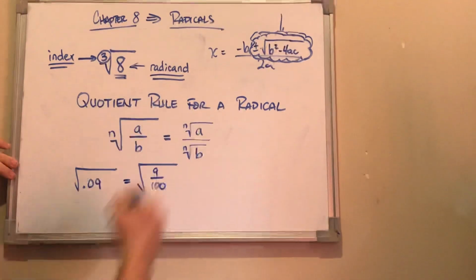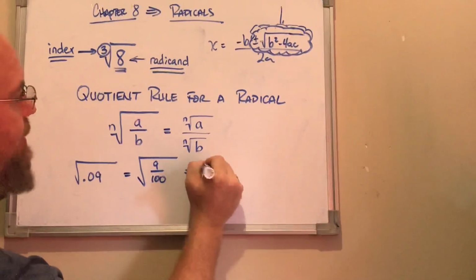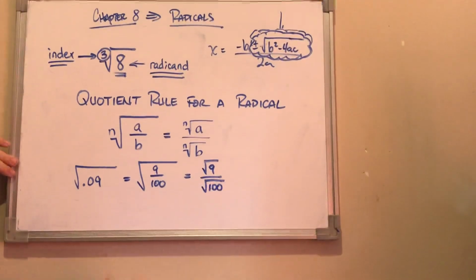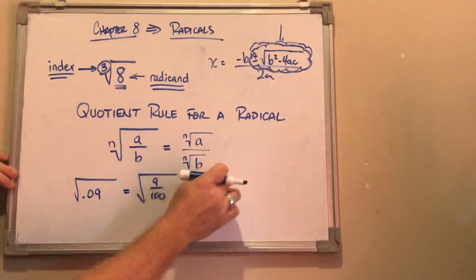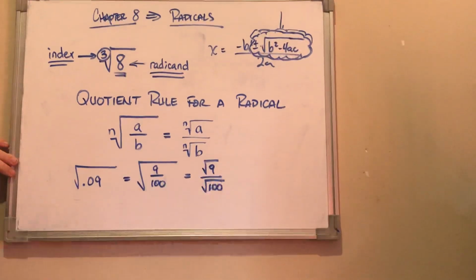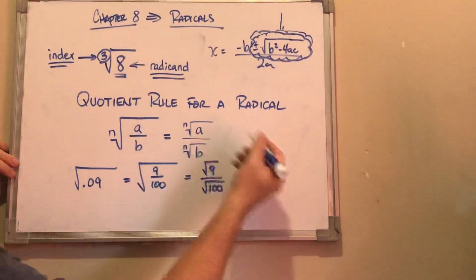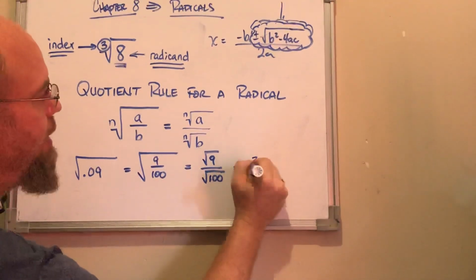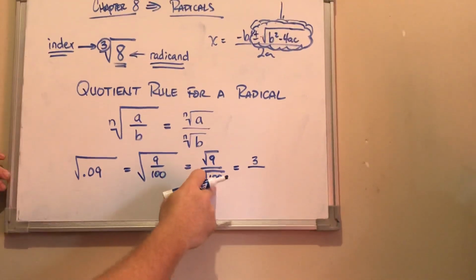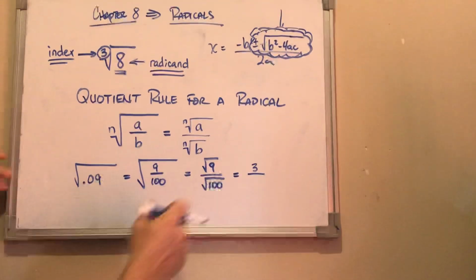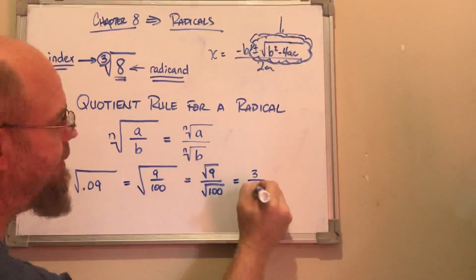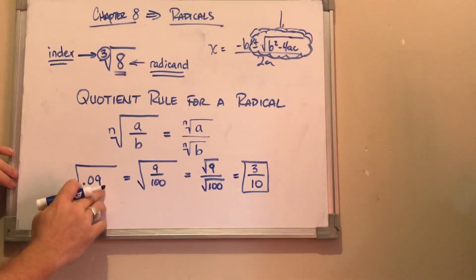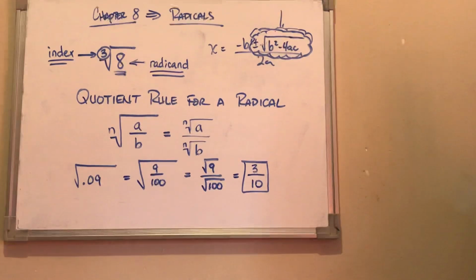Then we can use our quotient rule by splitting up this radical into the numerator and the denominator, and then solve that. What's the square root of 9? Well, 3 times 3 equals 9, so 3 over, what's the square root of 100? To get 100, it's 10 times 10, so it's 10. And that is your answer. So the square root of 0.09 is 3 tenths. Okay?